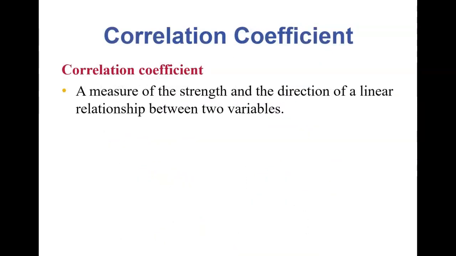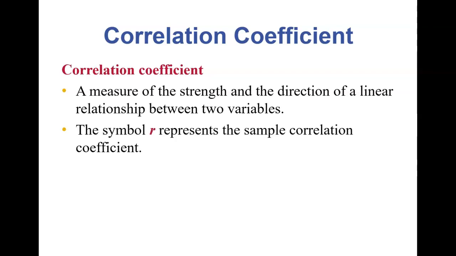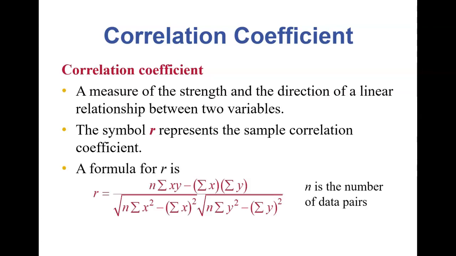The next thing is the correlation coefficient. That is the measure of the strength of the relationship between your two variables. It's represented by the symbol r, which stands for correlation coefficient, and this is the formula. You're not going to be using the formula; you're going to be using StatCrunch to find your correlation coefficient.